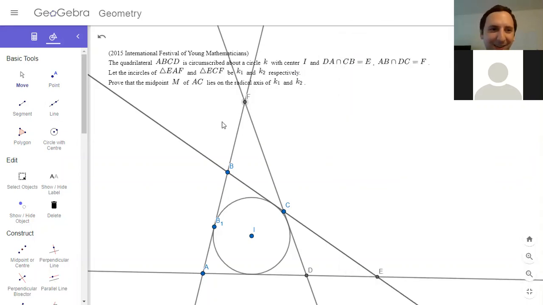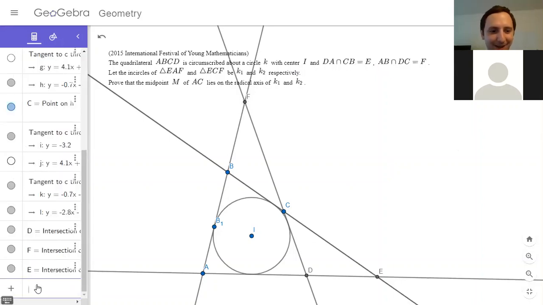And we have 3 minutes left. Let's see how far we can get. So in-circle of EAF. Wait. DA intersects CB at E. That sounds right.